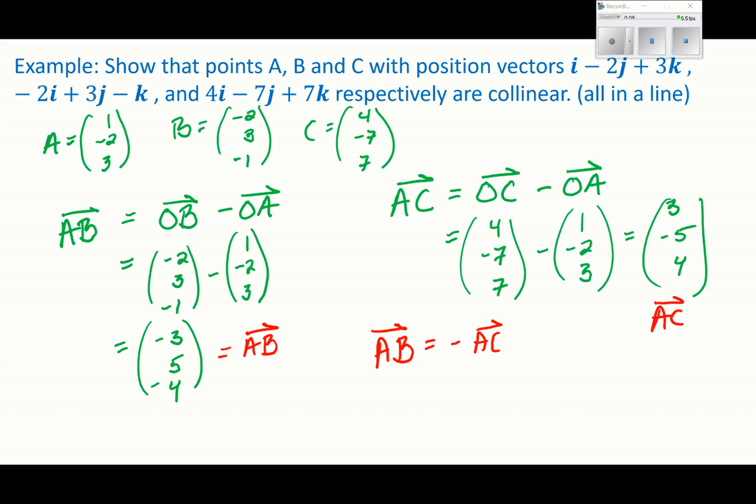Because the only difference is this negative, really this is a -1. These are scalar multiples. Therefore, they are parallel, because they are scalar multiples.